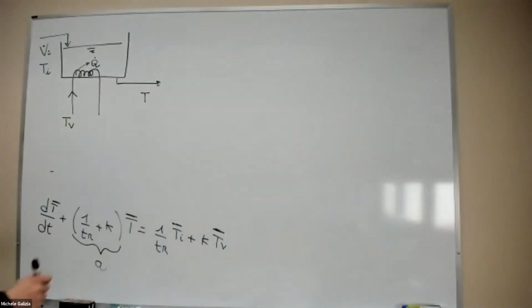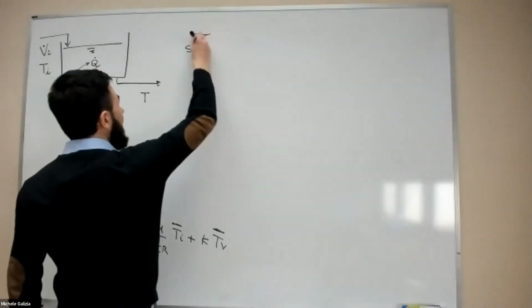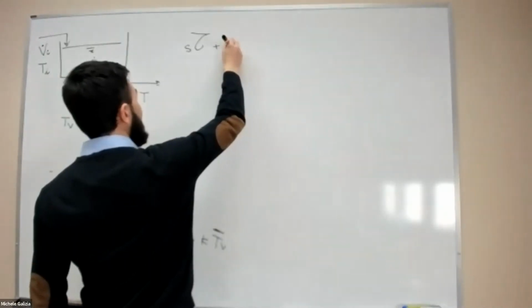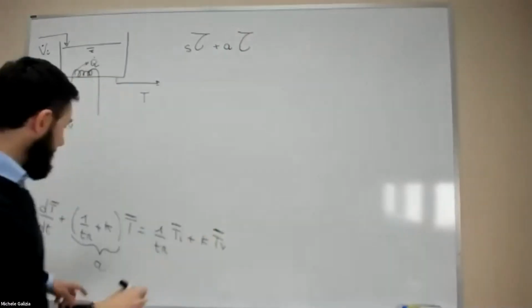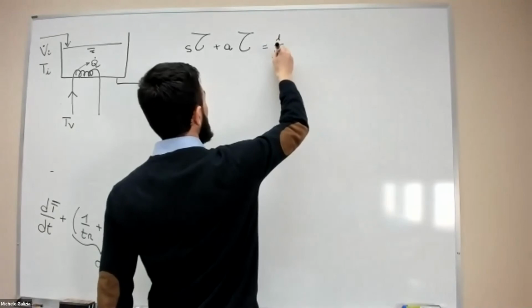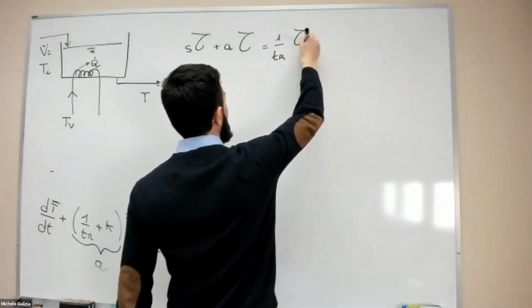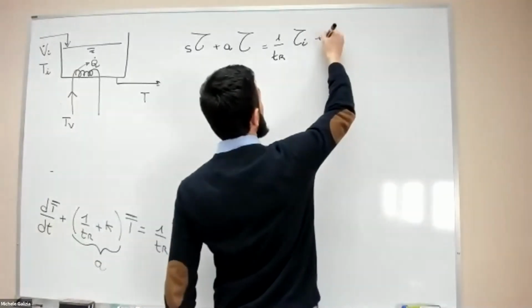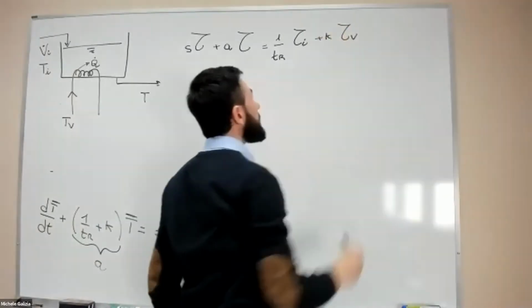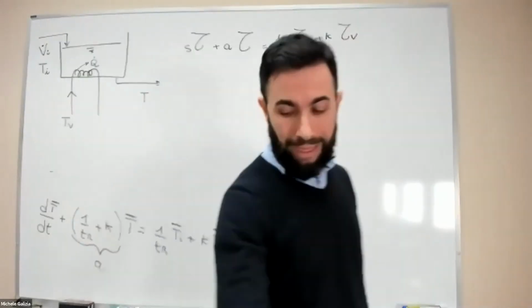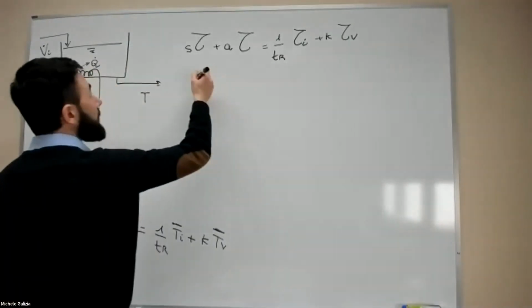So let me transform with Laplace: S times the Laplace transform of the temperature plus A, the Laplace transform of the temperature, equal to 1 over Tr, the Laplace transform of Ti, plus K, the Laplace transform of Tv. Make sense? Yes. Okay.